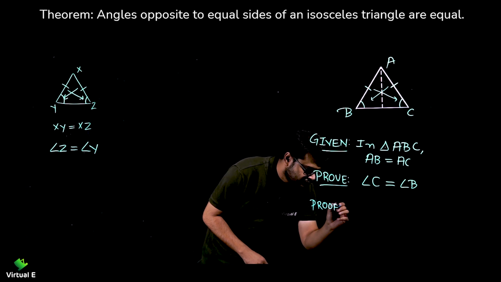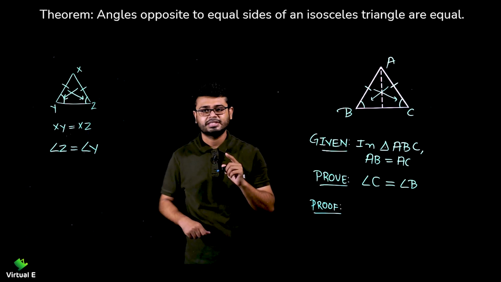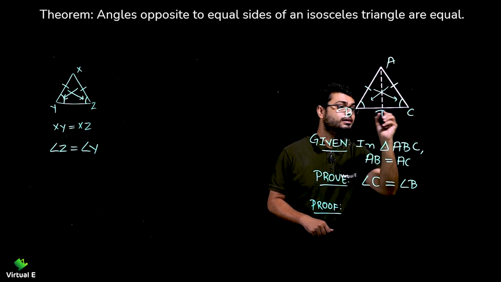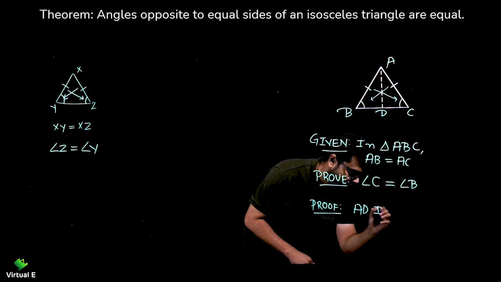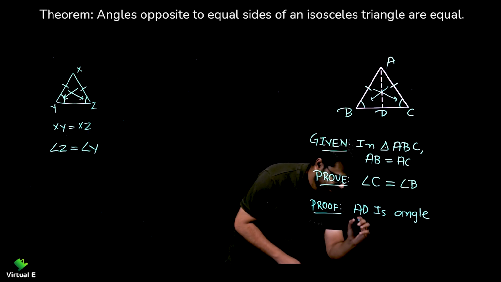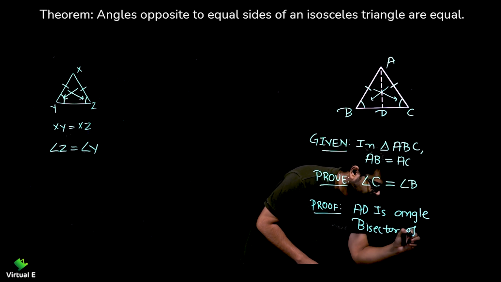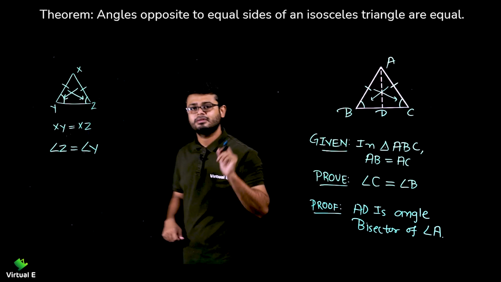First of all, I'm going to take one angle bisector. Angle bisector of A, that is AD. Let's say AD is the angle bisector of angle A. Angle bisector, right?